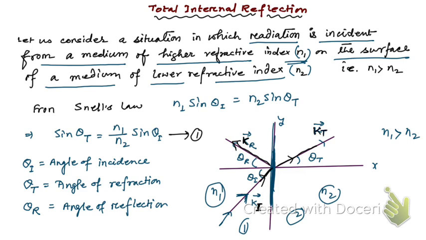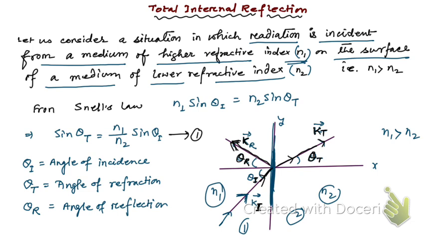The angle of incidence is theta I, the angle of refraction is theta t, that means the angle made by the transmitted, refracted wave with the normal, and theta r is the angle of reflection, that means the angle made by the reflected wave with the normal.